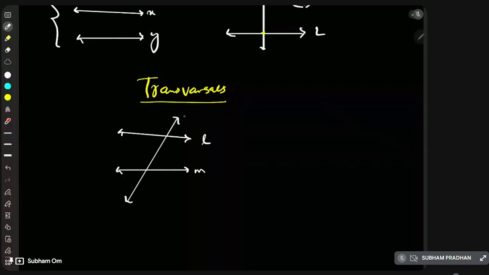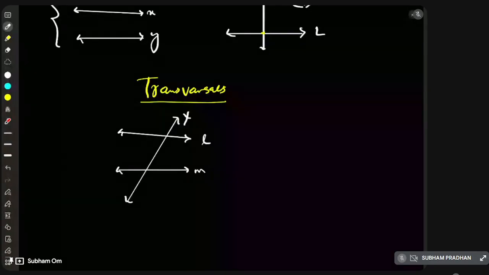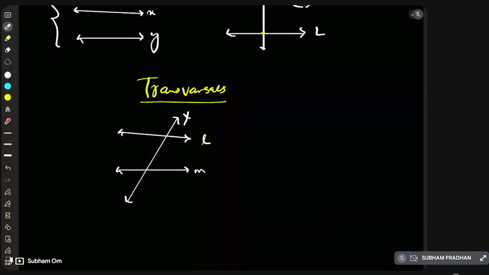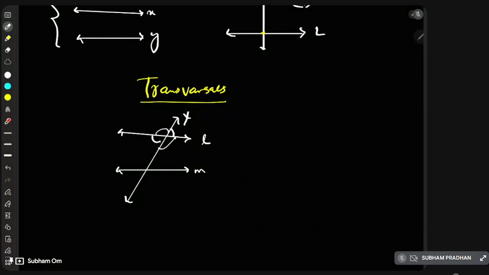Let's call it line X. Here line X will form four angles with line L, and line X will form four angles with line M. Let's take this as one angle, this as one angle, this as one angle, this as one angle. So in total, four angles are there.